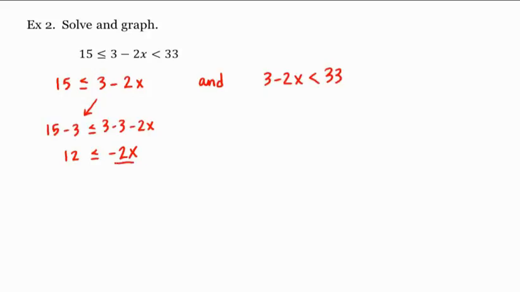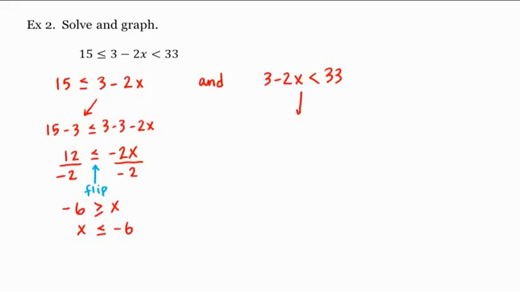So now let's divide both sides by negative 2. But we have to be careful here because we're dividing by a negative, which means this inequality will flip, which gives us negative 6 is greater than or equal to x. Or we can write it the other way, x less than or equal to negative 6.